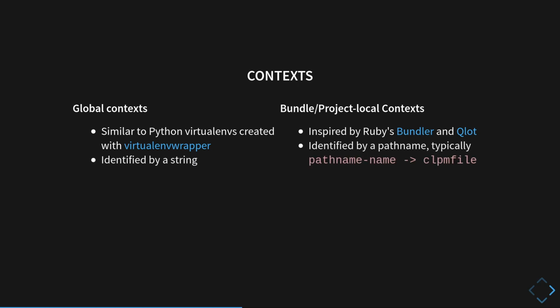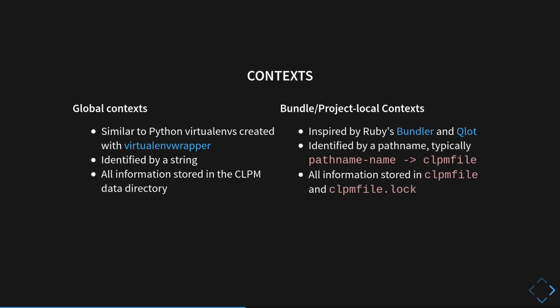Global contexts are identified by a string. Bundles are identified by a path name, typically to a file named clpmfile. Global context information is stored in the CLPM data directory, typically under the user's home directory. Bundle information is stored in both the clpmfile and a lock file called clpmfile.lock, creatively enough.